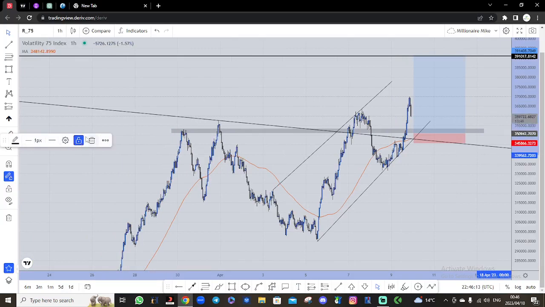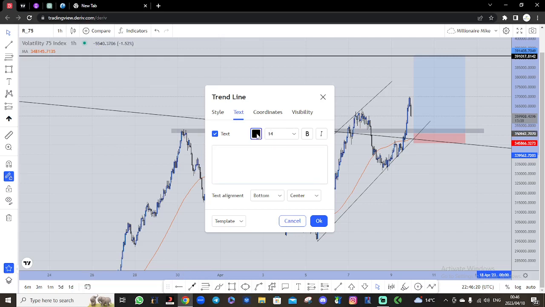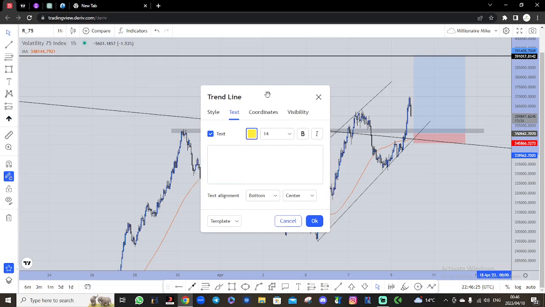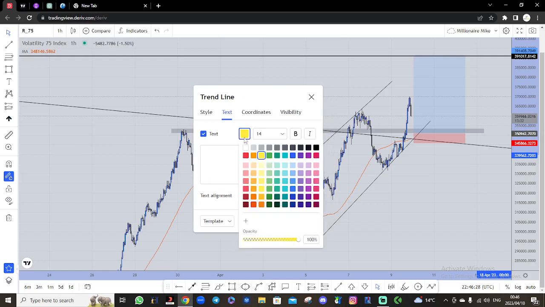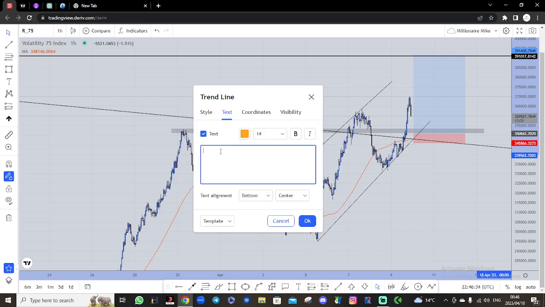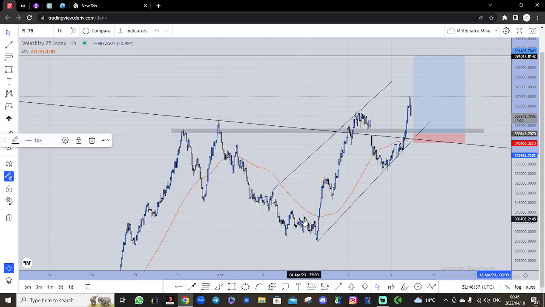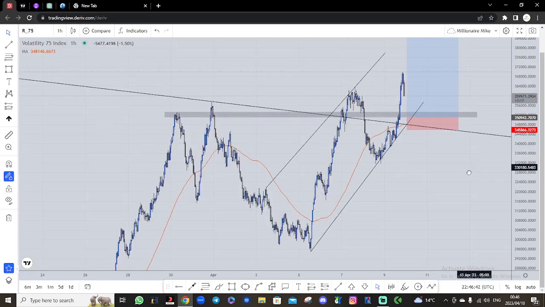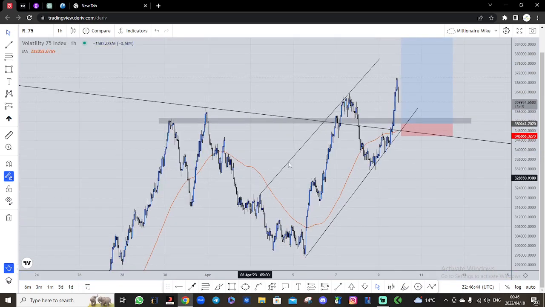So it's actually an amazing thing to realize that traders, let me put something else here. Right, so once we get there, that's our entry point.